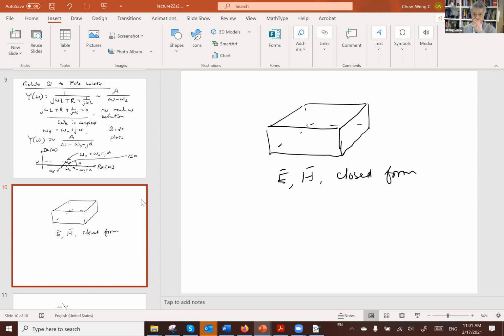Okay, we know how to do that in this course. And then I can estimate the wall loss from the closed form solution.